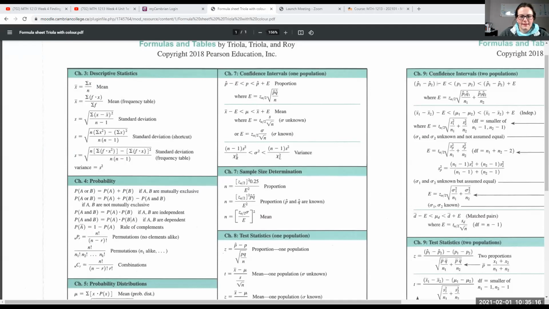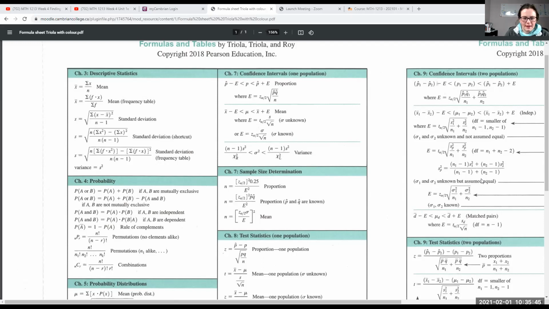I'm going to pull back Excel because Excel actually calculated all of our midpoints for us. Our midpoints were 59.5, 79.5, 99.5, 119.5, and 139.5.